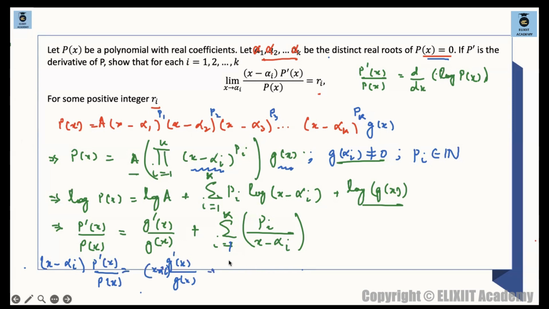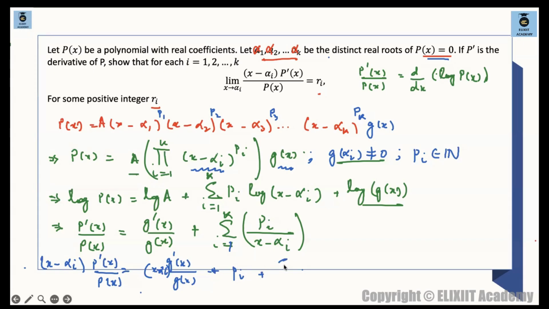And plus similarly x minus alpha i. Now see, one of the factors will cancel out. So when one of the factors cancels out, only pi will remain. At some point the sum will take that value and one of the values will cancel out. Only pi will remain.